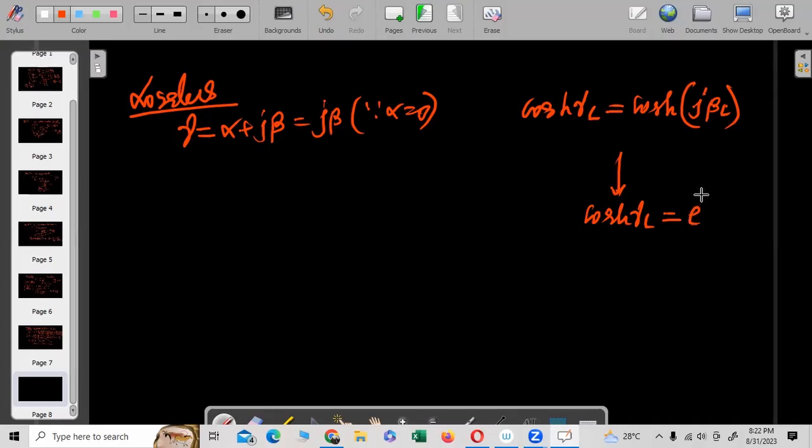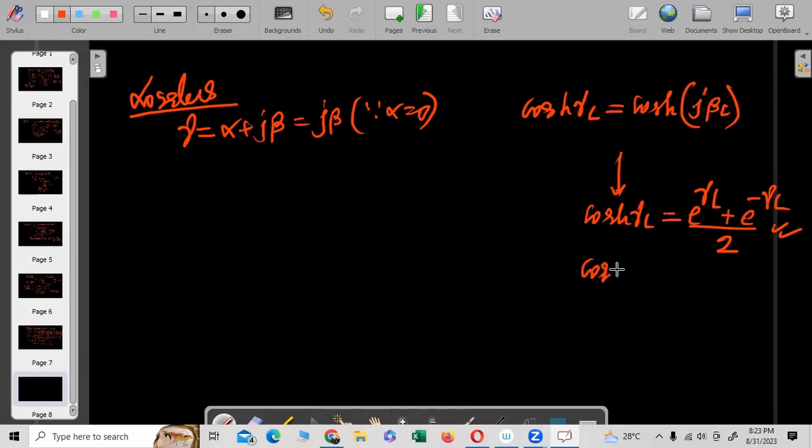It is nothing but e to the power gamma L plus e to the power minus gamma L divided by 2. Yes, this will be plus. Correct.